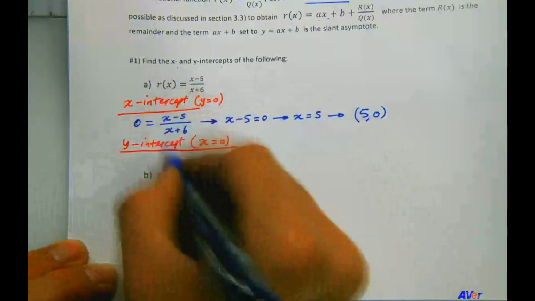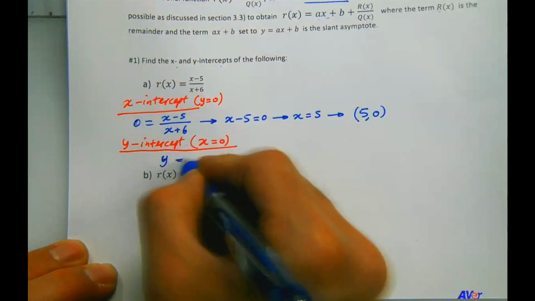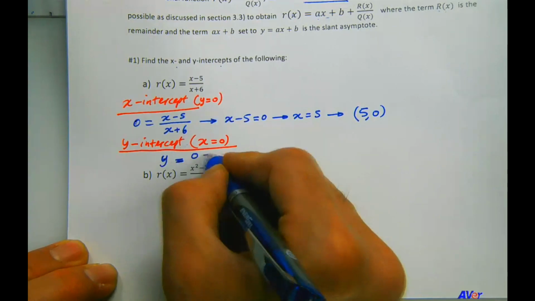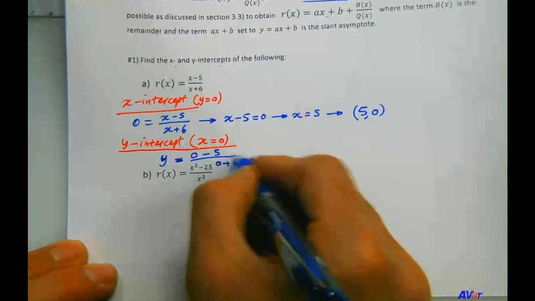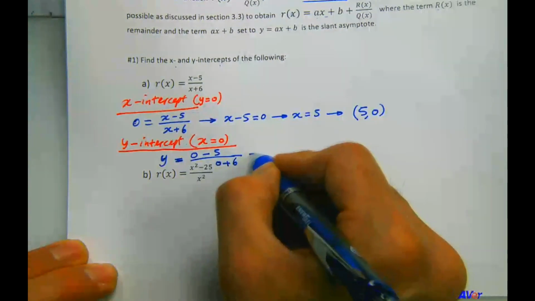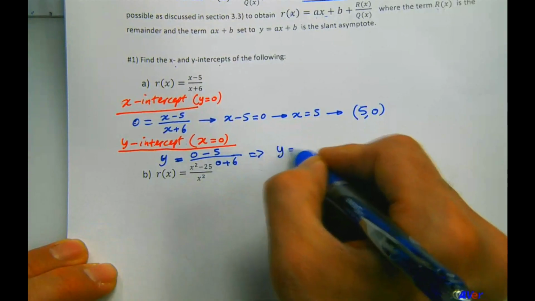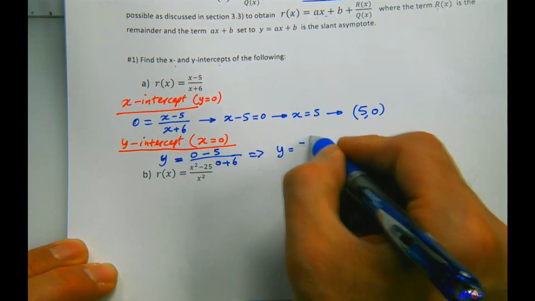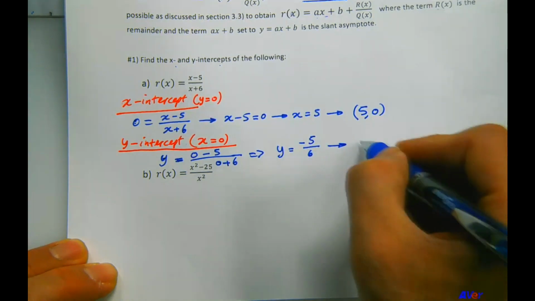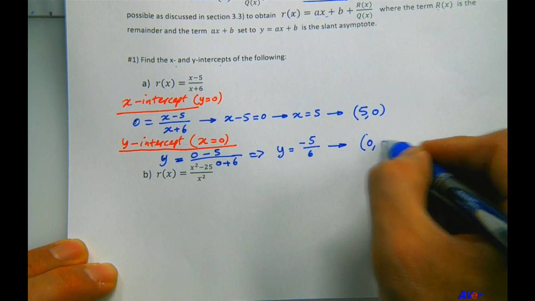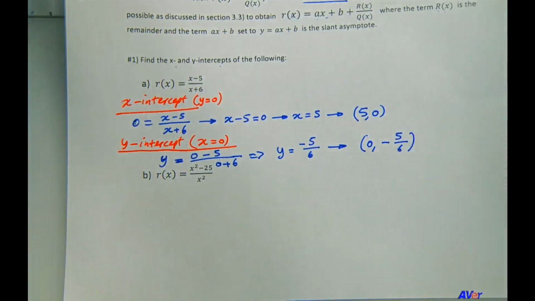So we have y, I'm just substituting r of x with y, equals 0 minus 5 divided by 0 plus 6, right? So what is that equal to? That is equal to y equals minus 5 over 6, which means the y-intercept is 0 comma minus 5 over 6. Okay?